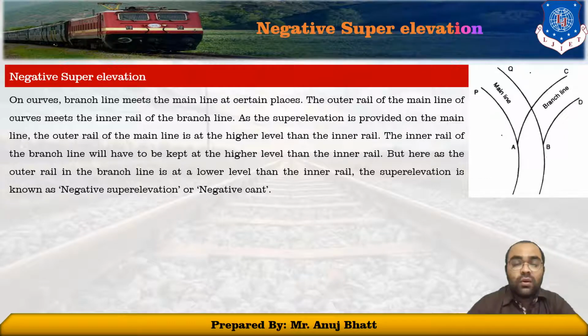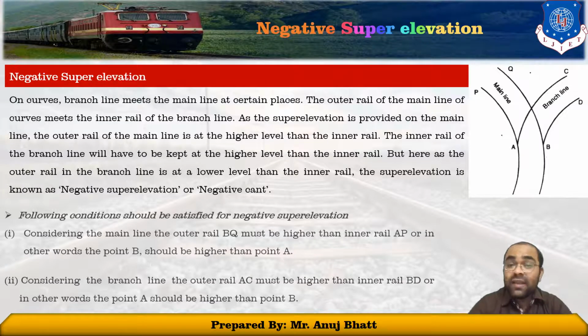There are some conditions that have to be satisfied where you provide such two different lines, or where you need to provide the negative super elevation. By considering the main line, the outer rail BQ must be at a higher level than the rail AP, as at the main line the outer rail should be at the higher position.